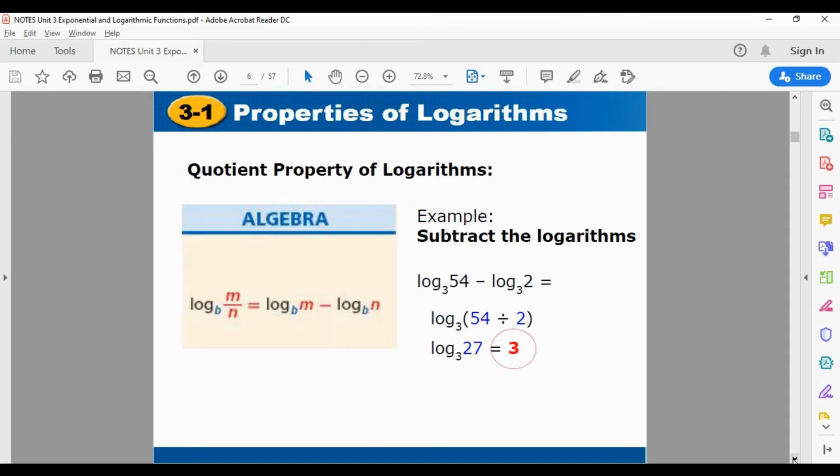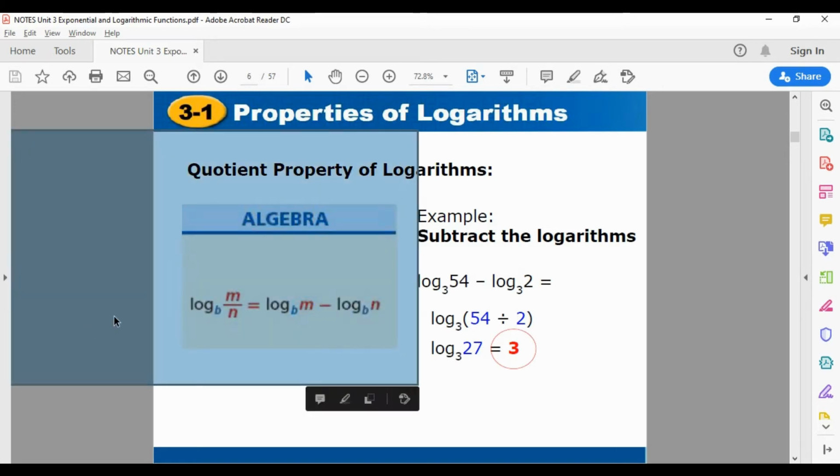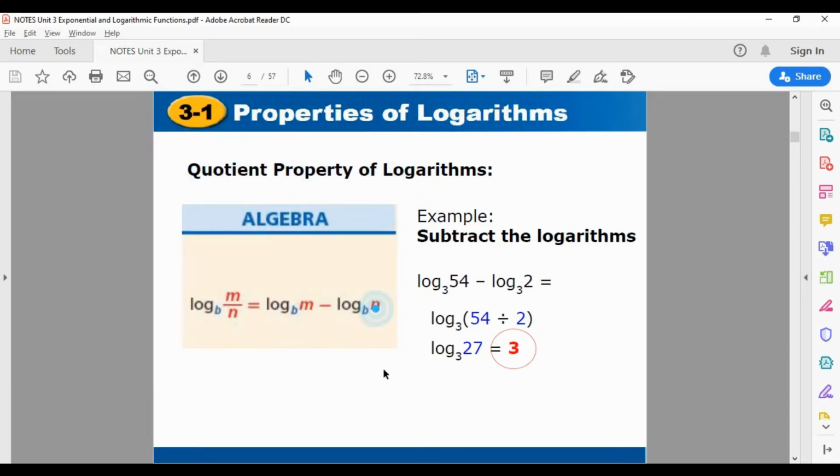The quotient property shares similarities in that if you have a logarithm of the ratio of two numbers, you can take the logarithm of the numerator and subtract the logarithm of the denominator. So we have here in our example log base 3 of 54 minus log base 3 of 2.